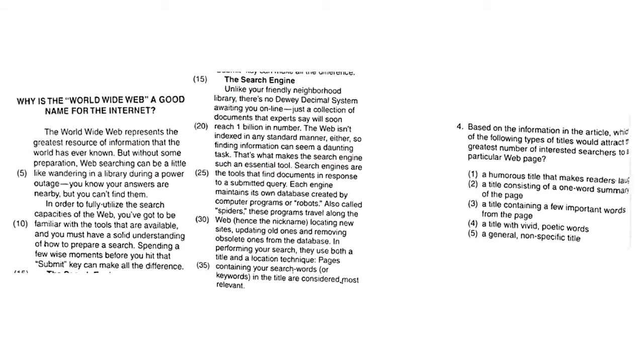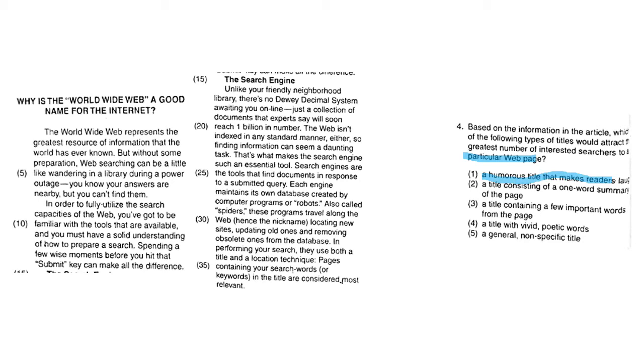Question 4. Based on the information in the article, which of the following types of titles would attract the greatest number of searches to a particular web page? Now, number 1, a humorous title that makes people laugh.